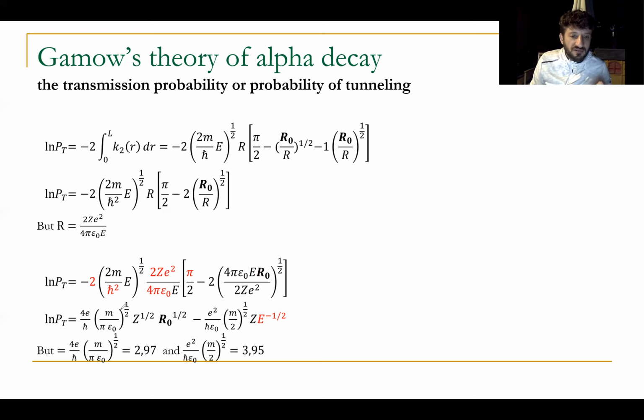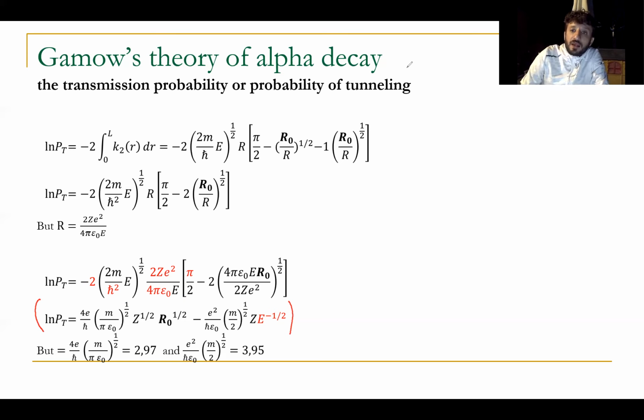We can simplify this term times the total, and the total times the second term. We arrive finally at this equation. If you put this term and simplify, you get this final equation of ln PT.